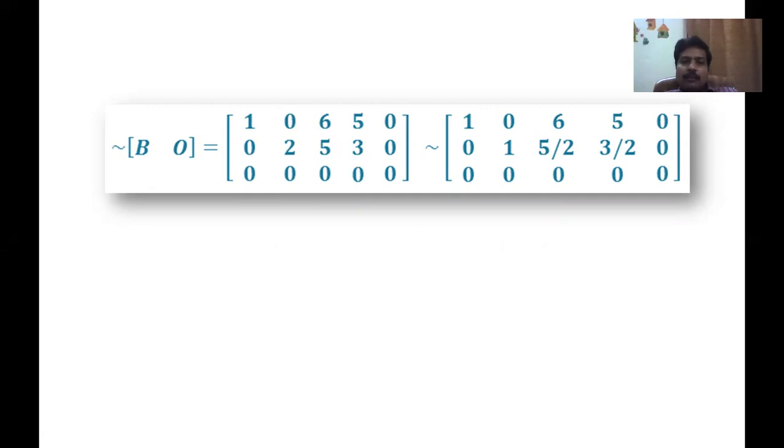For that, we need to have 1 here. In reduced echelon form, the pivot positions must be 1. So I am dividing the second row by 2, so that I get 1, 5 by 2, 3 by 2. Now it is in reduced echelon form.